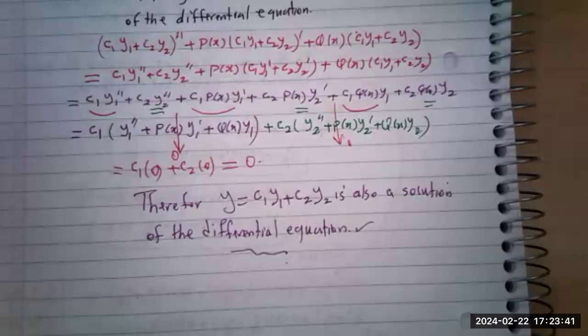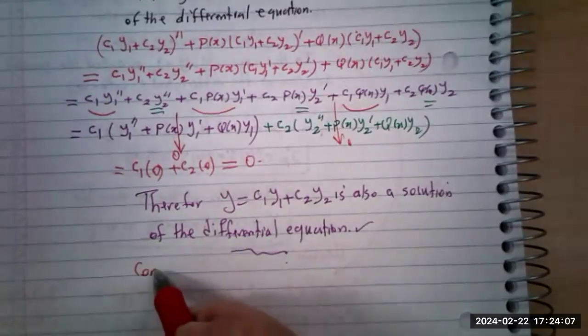In fact, we want to prove that other than these types of solutions, you are not going to have anything else. Under what condition, if somebody gives you another solution, can you guarantee that you can write it as C1 Y1 plus C2 Y2? This is a very crucial question that we're going to answer.